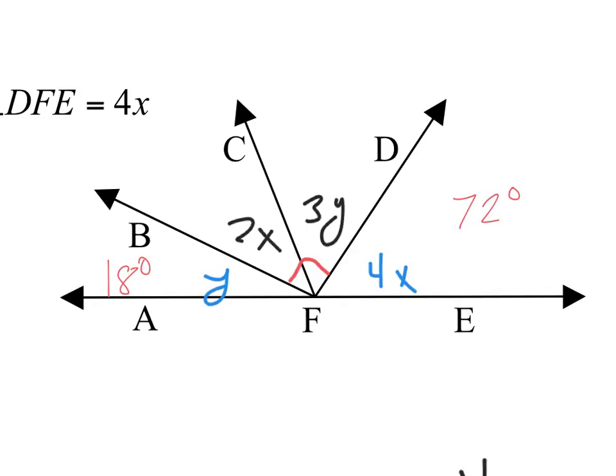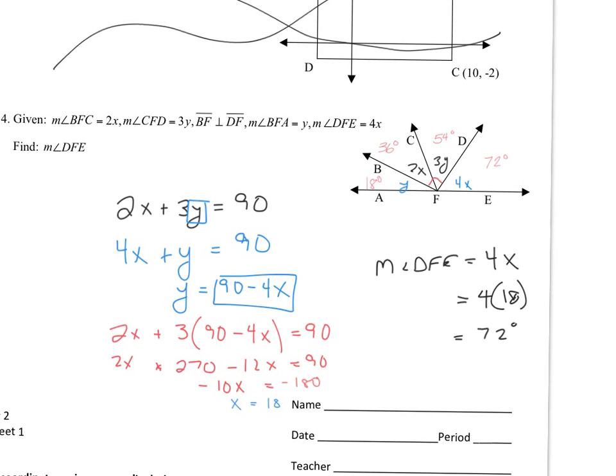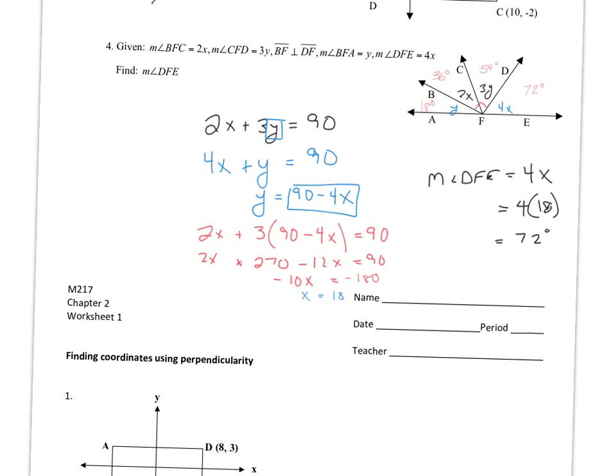And then the other part is, okay, I know x is 18, so this is going to be 36 degrees up here, 2 times 18. And then the angle that adds up to 90 with 36 is 54 degrees. So that's if I was asked for everything, but I wasn't. I'm just doing extra math, which never hurt anyone.